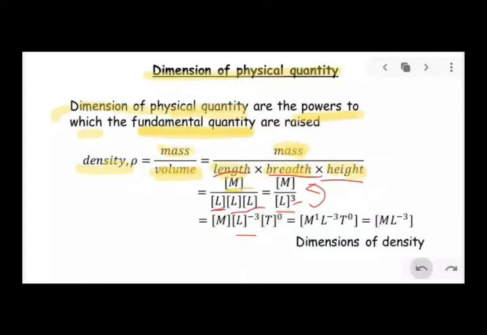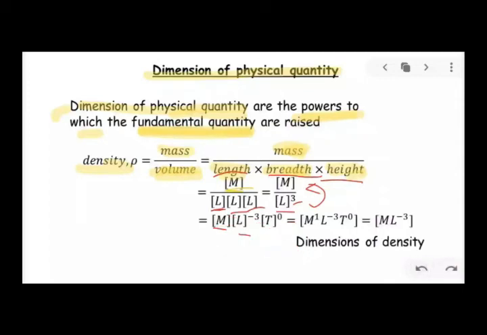So we have the 3 basic fundamental units: mass, length, time. These will be my dimensions of any physical quantity raised to some power. In this case, the mass has a power 1, length has a power minus 3, time has a power 0. Clear?